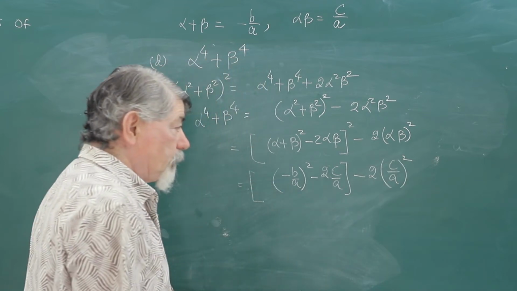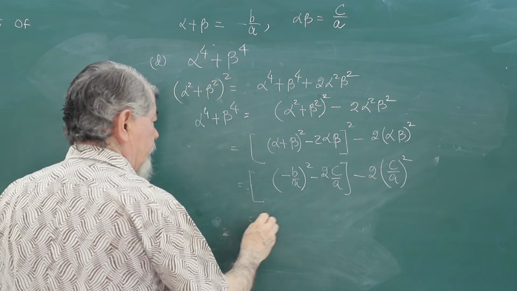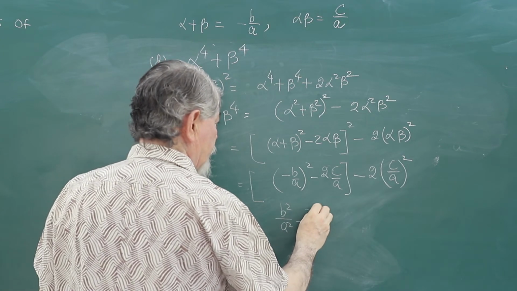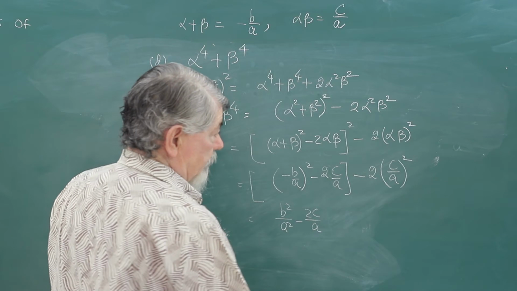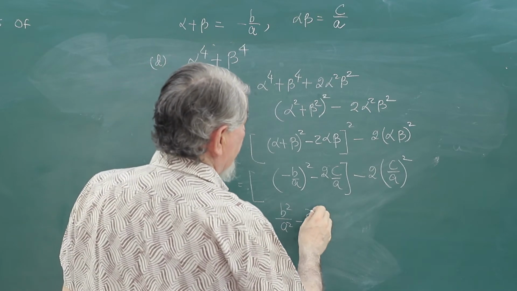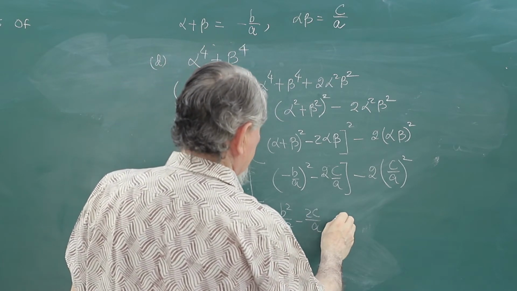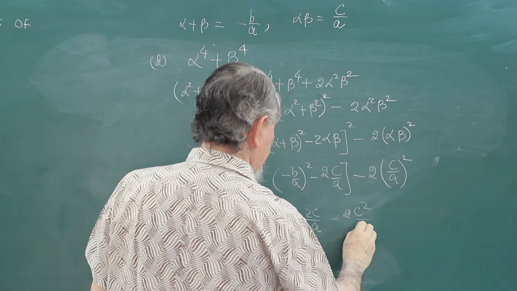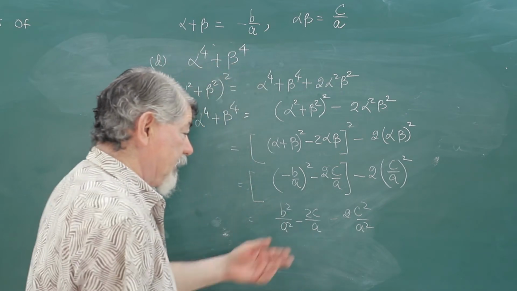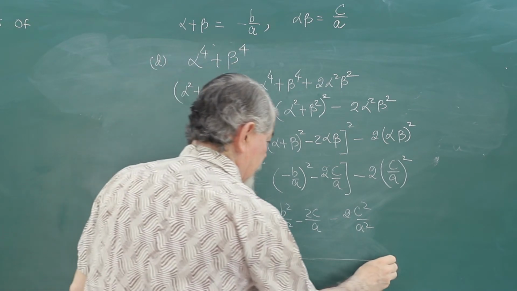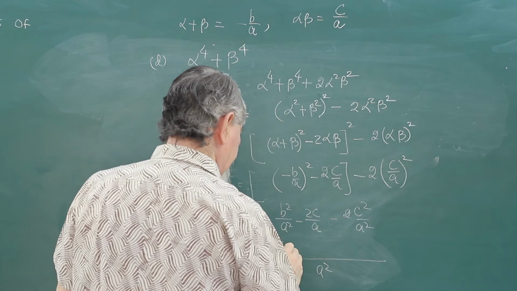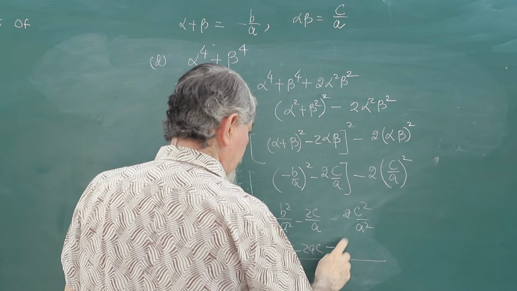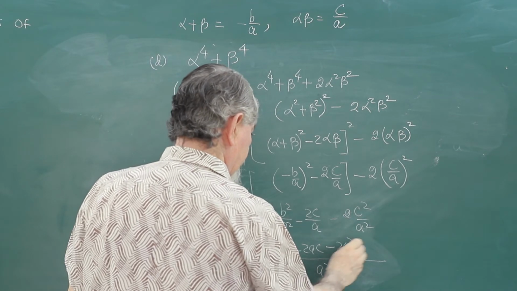Let us open the brackets and solve them. It will become b squared upon a squared minus 2c upon a, and this will be minus 2c squared upon a squared. If you take the LCM as a squared, you'll get b squared minus 2ac minus 2c squared.